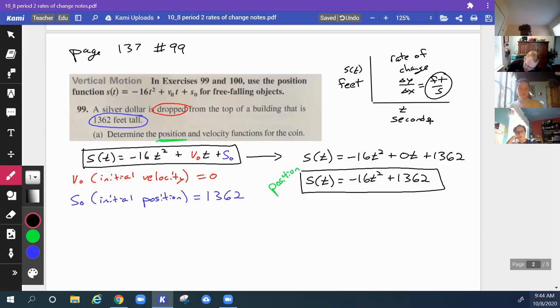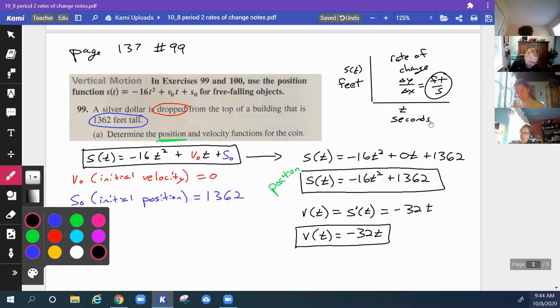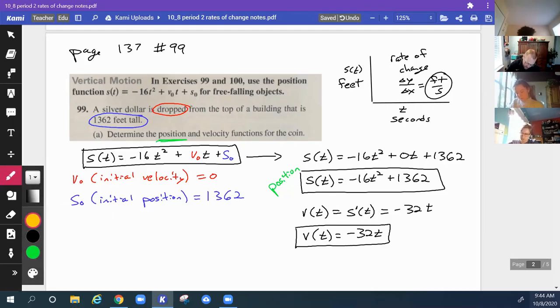So in order to do that, velocity is going to equal the derivative of position, which in this case, using the power rule, is negative 32t. So my velocity equation is going to be negative 32t, and that is the velocity function.